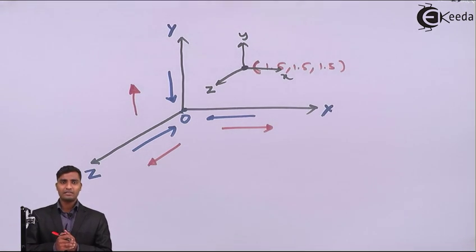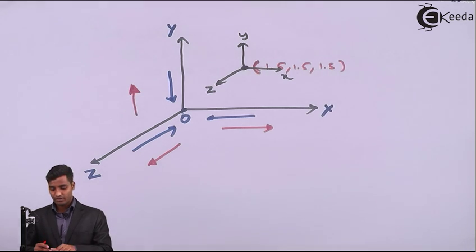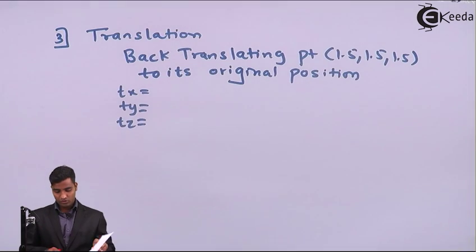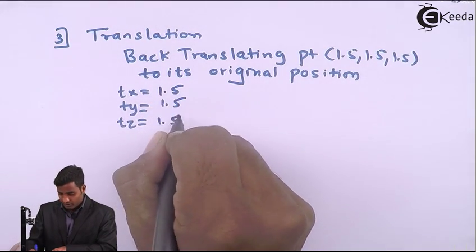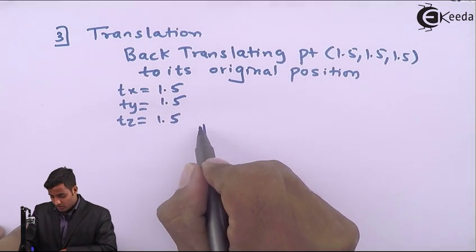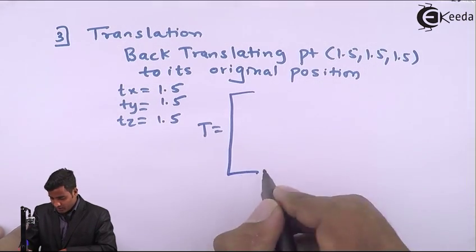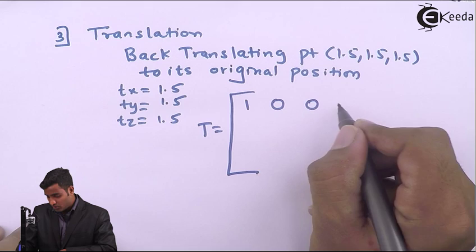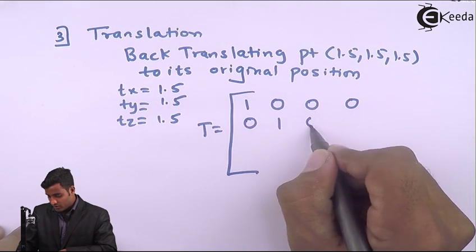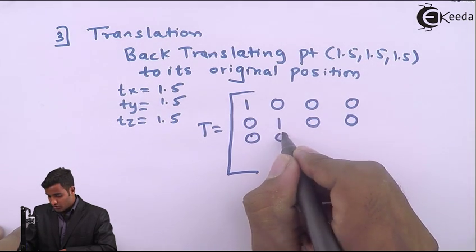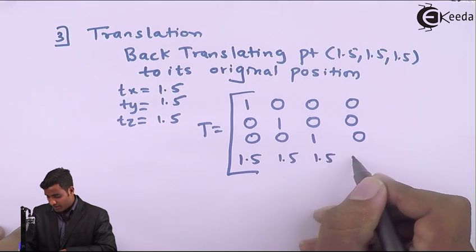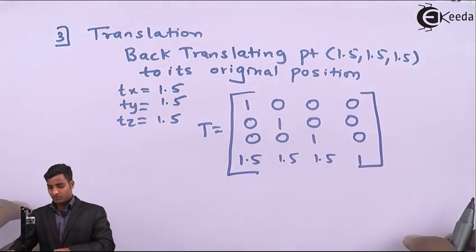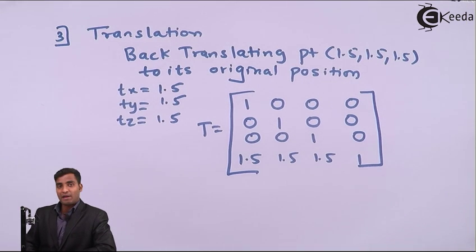For the rightward direction the sign convention is positive, so it will become positive 1.5, positive 1.5, positive 1.5. So now the translation matrix will become 1 0 0 0, 0 1 0 0, 0 0 1 0, 1.5 1.5 1.5 1. So this is the translation, that is, back translation.